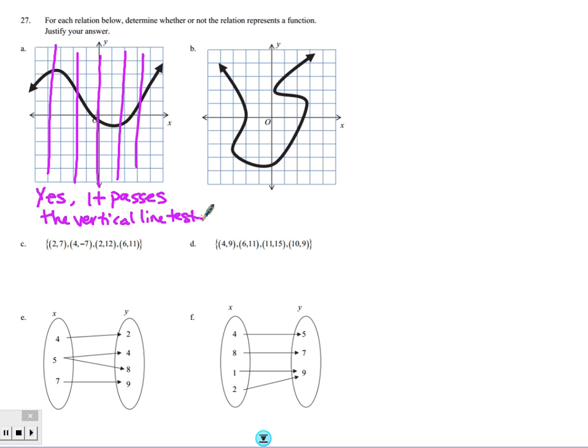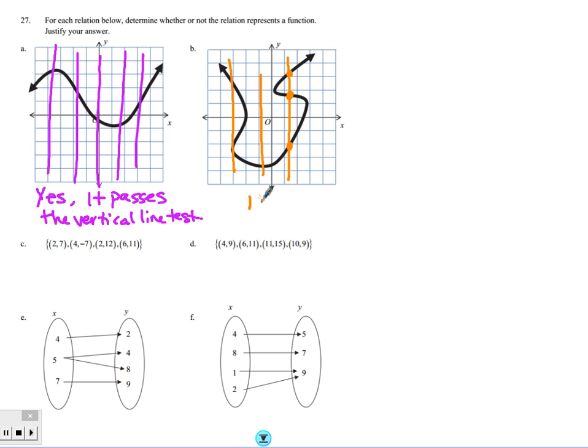And some people were tempted in my class to write the pencil test. And I'm going to ask that that's a middle school thing, and now we're in high school, so we're going to call it the vertical line test because that's more formal. Okay, now if I go and do the vertical line test here, I am going to fail because it hits more than once.